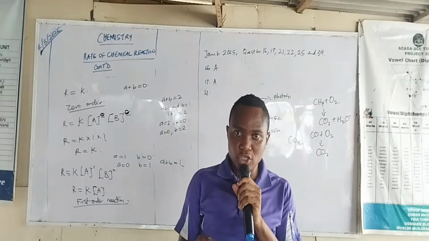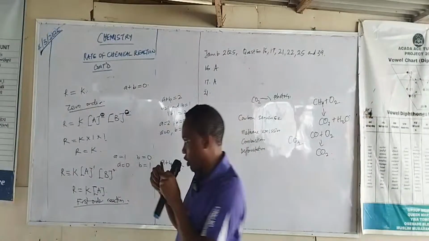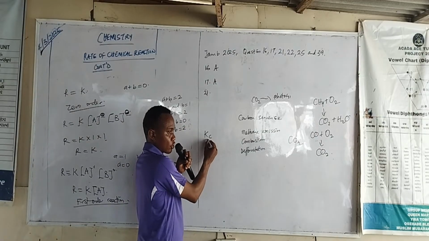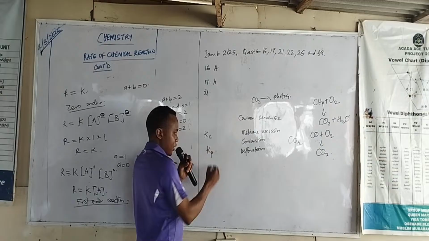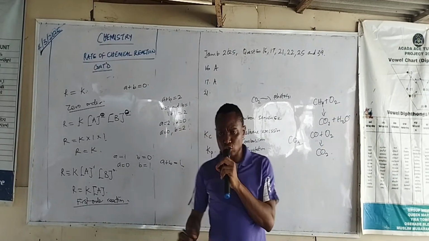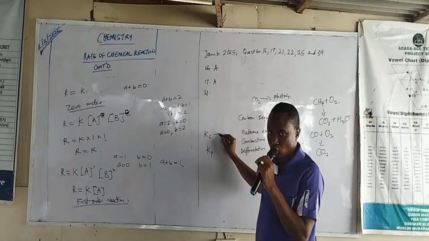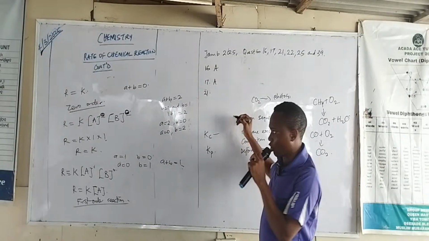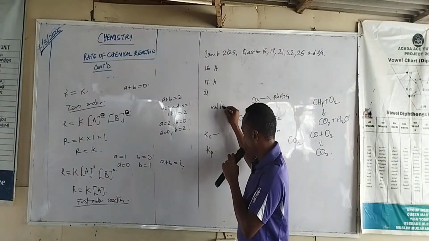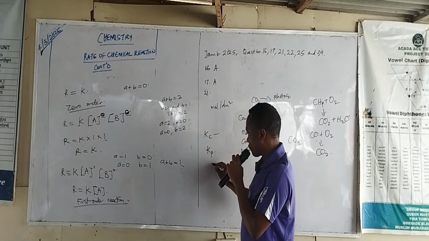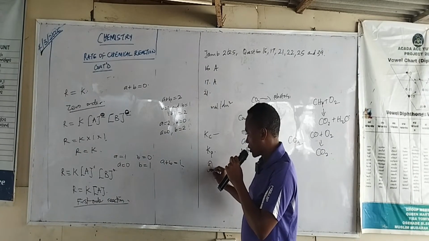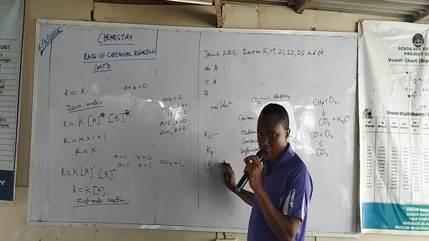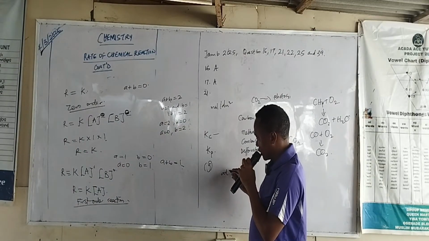So for all this, we usually calculate KC, the equilibrium constant due to concentration, and KP. This one, KC, majorly functions for solids dissolved or liquids, where we have mole per dm3. While KP functions majorly for gases, talking about pressure of gases in atm.